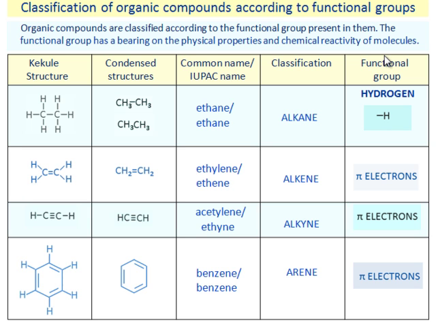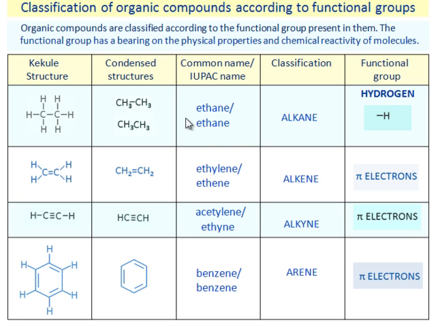In this section, several classes of organic compounds are listed and their functional group indicated. Also given here are one example from each class of compounds with their common and IUPAC names indicated.